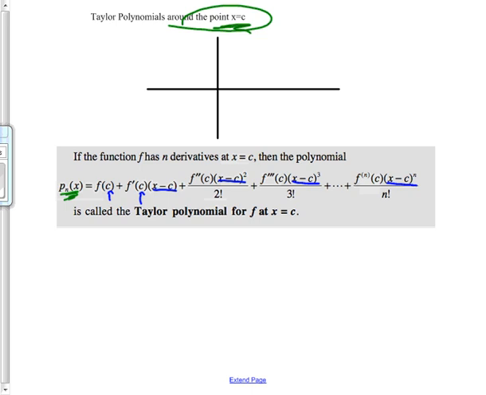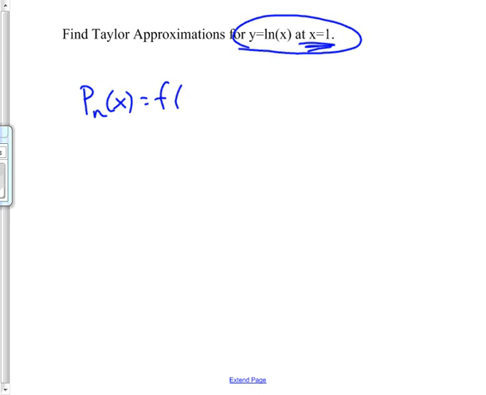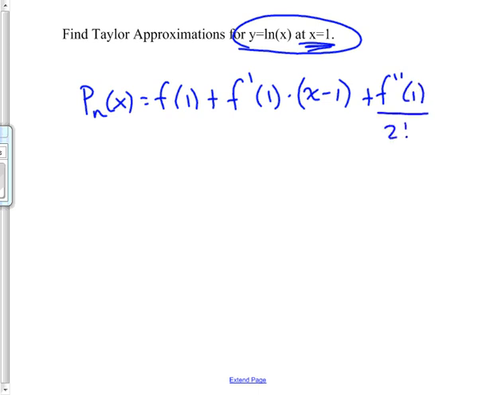So let's see how that works around the function y equals ln x. If I wanted to approximate this at x equals 1, remember that the polynomial approximation is going to be f of 1 plus my first derivative at 1 times x minus 1 plus my second derivative at 1 over 2 factorial times x minus 1 squared.